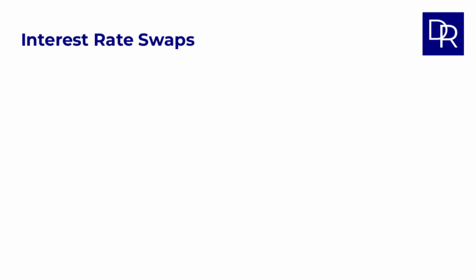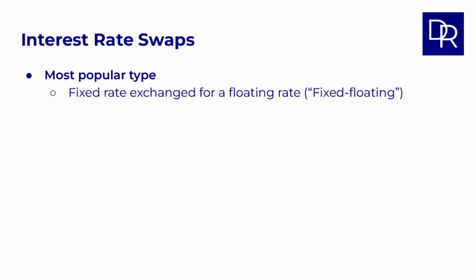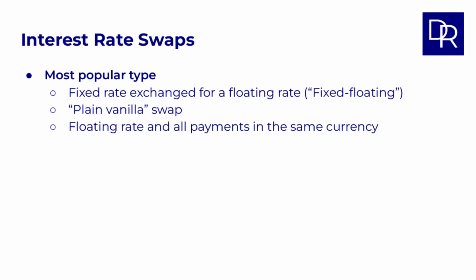In the interest rate case, the most popular type of swap is one where a fixed rate is exchanged for a floating rate. As it is so common, when people say a plain vanilla swap, they'll mean a fixed floating interest rate swap, with the floating rate and the payments all in the same currency.